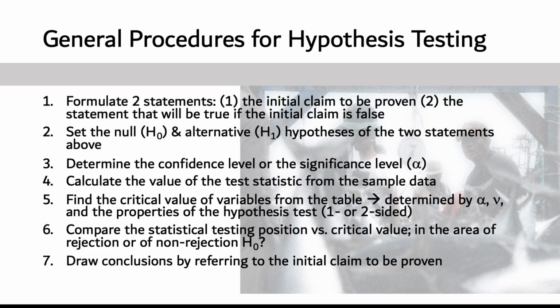Next, we compare the statistical testing position and the critical value in the area of rejection or in the area of non-rejection of H0. Lastly, we draw conclusion by referring to the initial claim to be proven.